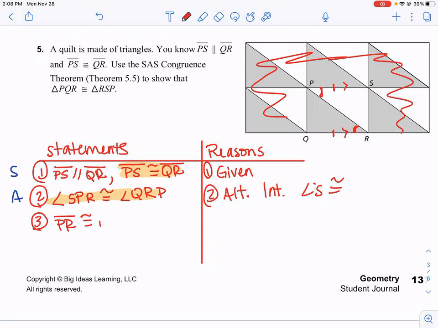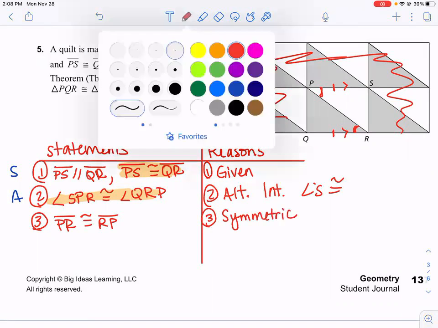Now, I do need to stop ourselves though. When I look at this statement, PR corresponds to RP. So what would that be? Symmetric. Just symmetric.